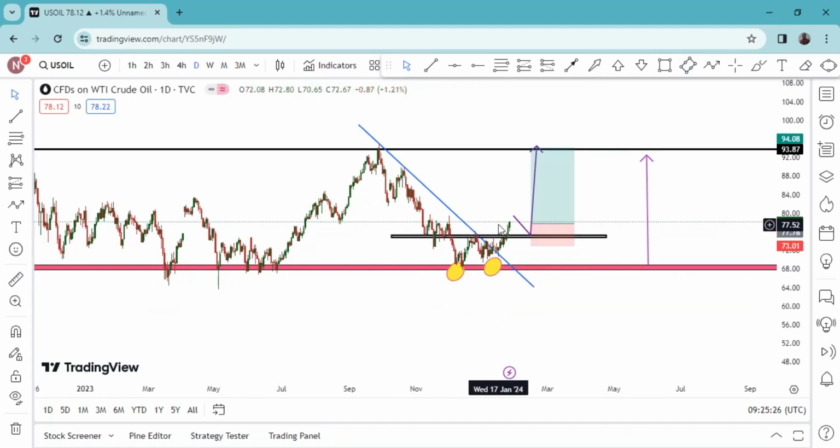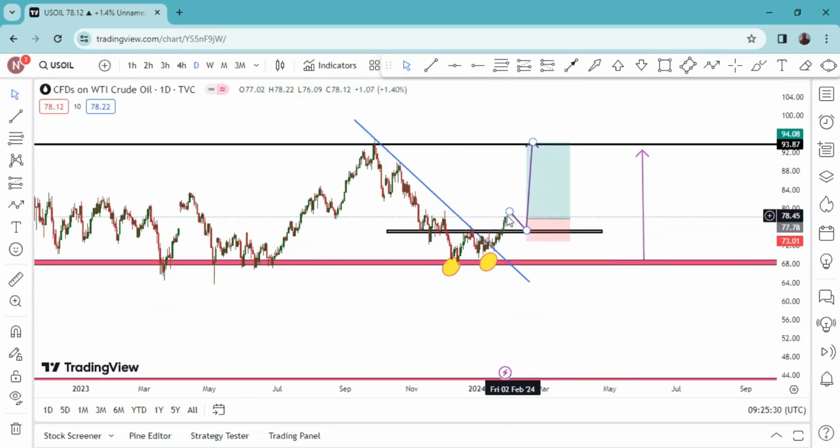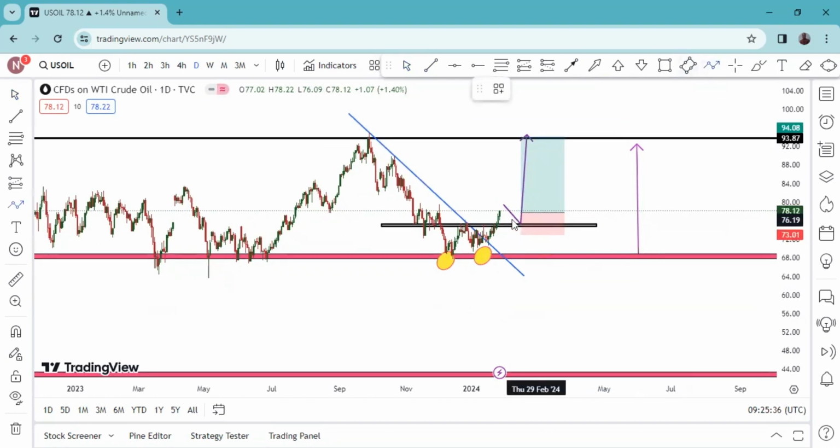But if the market just continues to go up, then I'm not in this trade. Or the market can also pull back and continue to the downside and break this level. If the market completes the pullback up to here, then retests to the downside, then I will take my trade here.